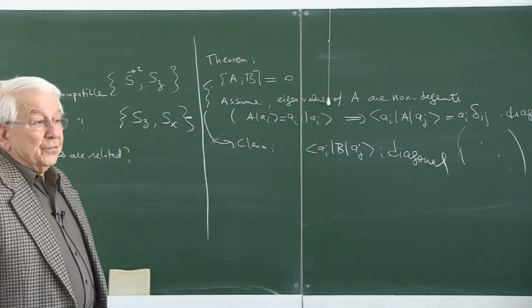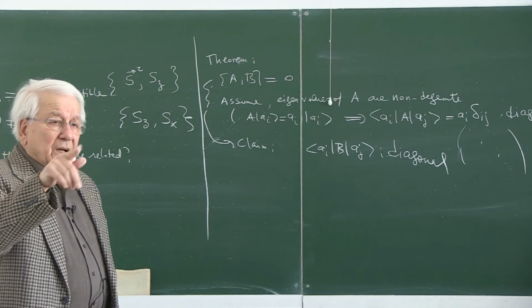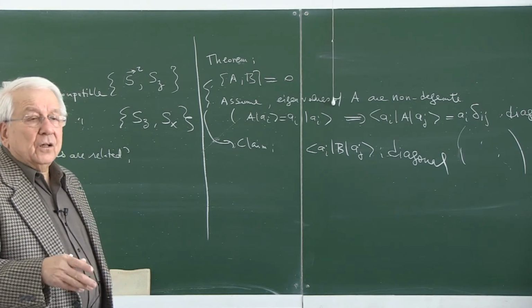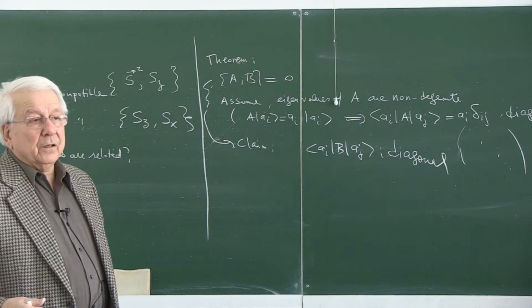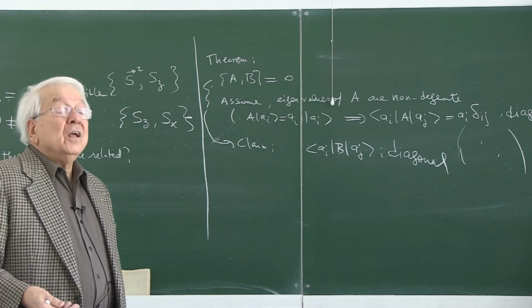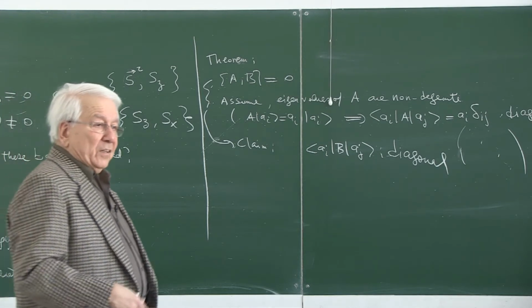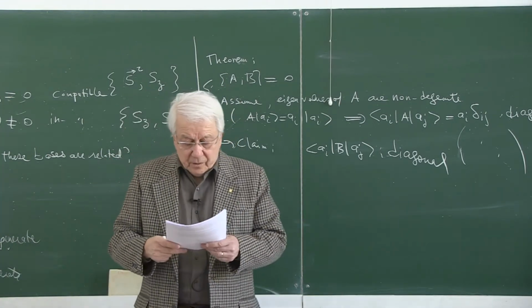If they are compatible, that is, if they commute, then B in the eigenvector basis of A is diagonal, and vice versa. A in the eigenvector basis of B is diagonal. That is, they can be diagonalized simultaneously. Compatibility leads to that, right? So it's a very trivial statement.